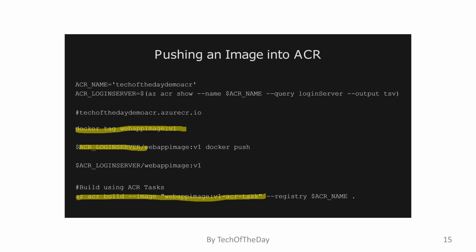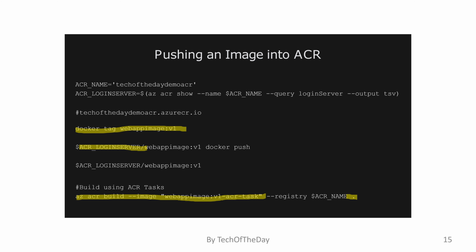We then specify the name of the registry that we want to push the image to when the build is finished with the registry parameter, and then specify the ACR name. We see a space and then a dot. This is going to reference a local Dockerfile in that current working directory.